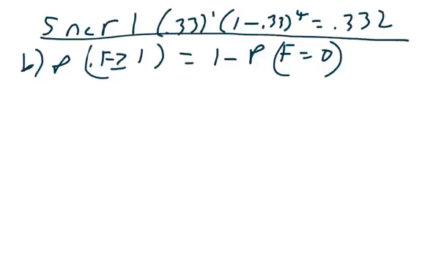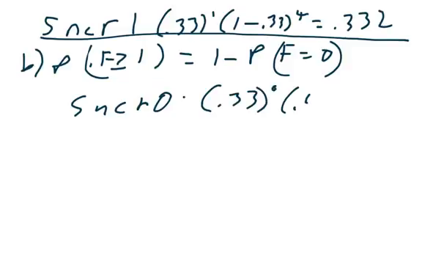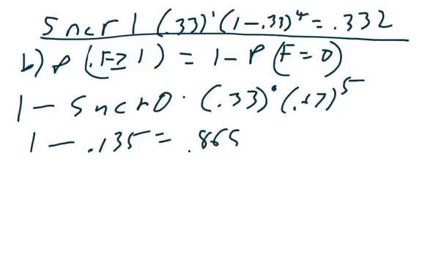So for B, I'm going to do 5 nCr 0, 0.33 to the 0, 0.67 to the fifth. I'm going to do 1 minus that. So I got 1 minus 0.135, which equals 0.865.